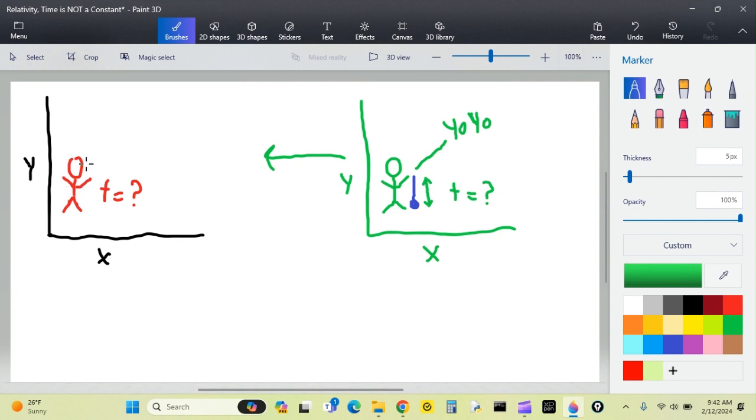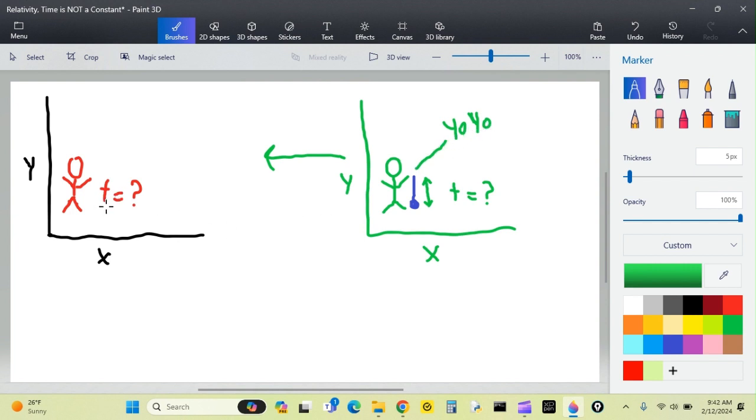I painted this character in red because, as far as we're concerned, he's not moving anywhere. He's stopped in one place. This one I painted in green because he's moving. And here's his yo-yo, going up and down. That's what the little arrow is. And then just to remind us, that's a yo-yo.